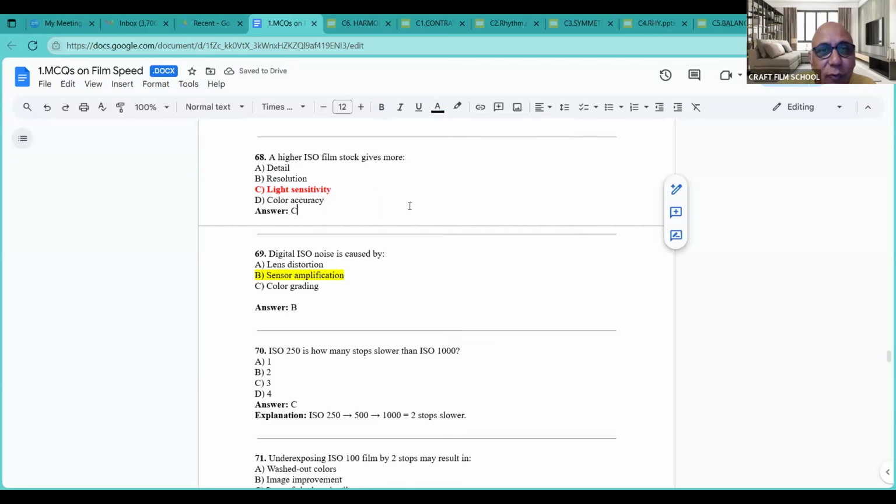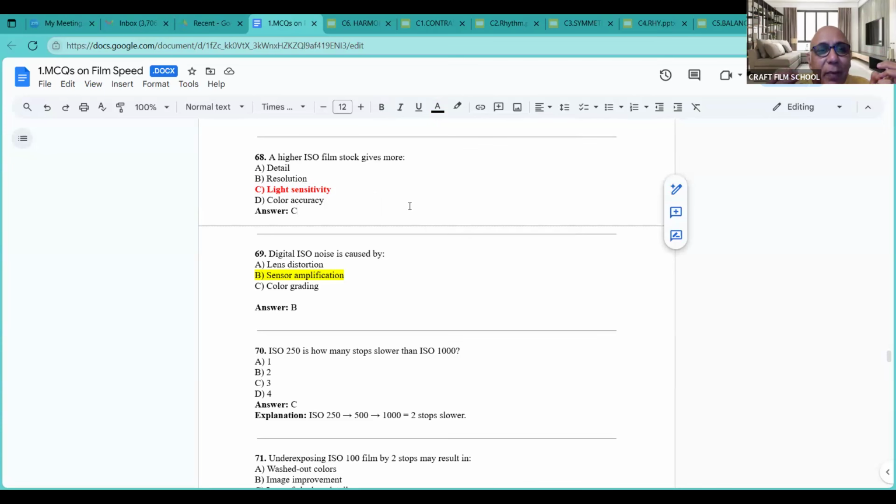Okay, so higher ISO film stock gives more detail? No. Resolution? No, on the contrary, it gives less resolution. Light sensitivity? Yes. Color accuracy? Also not. If you very carefully notice a photograph shot with a higher ISO film, correctly reproduced colors are not there. They move a little bit here and there.